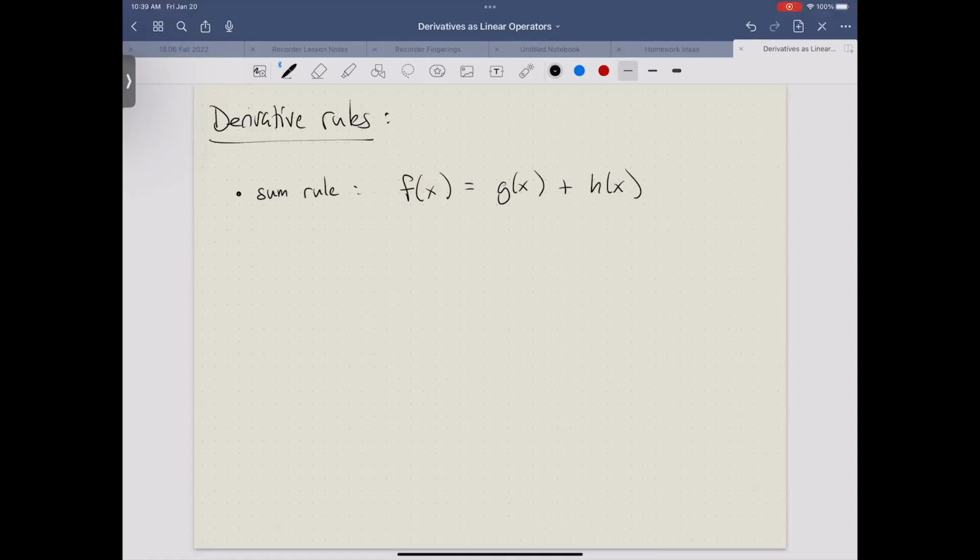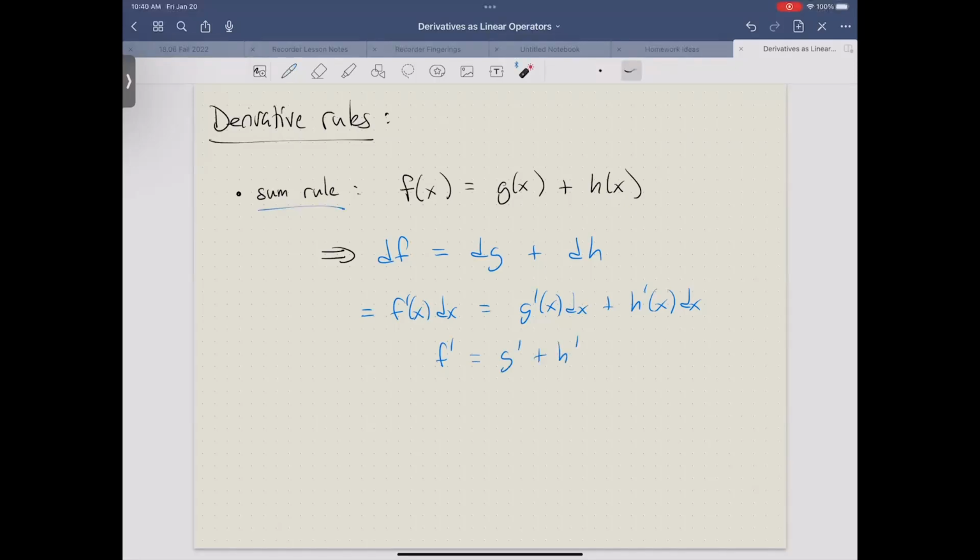Then if I want df, that's just going to be dg plus dh, or equivalently, f prime of x dx equals g prime of x dx plus h prime of x dx. So f prime equals g prime plus h prime, right? Just the obvious sum rule.